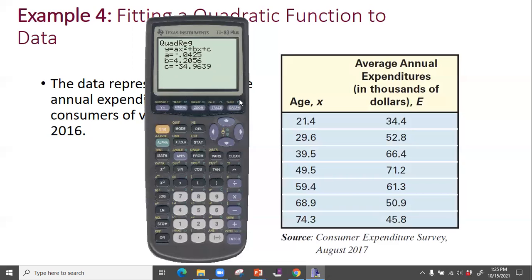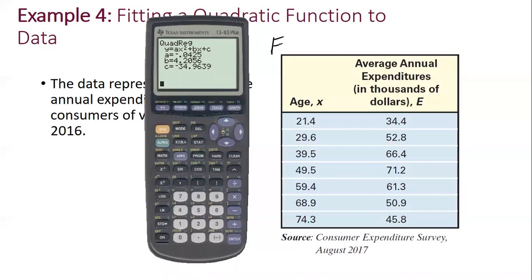Okay. All right, so we now have our A, our B, and our C. Can we write an equation? Why, yes, we can, Miss Jones. I knew that. Good job. So our equation for this problem would be E equals -0.04x squared plus 4.21x minus 34.96, paying attention to what it asks you to round to.